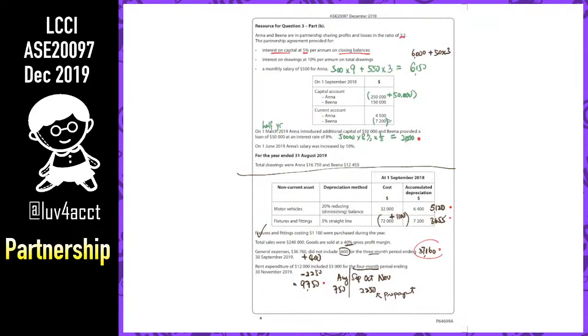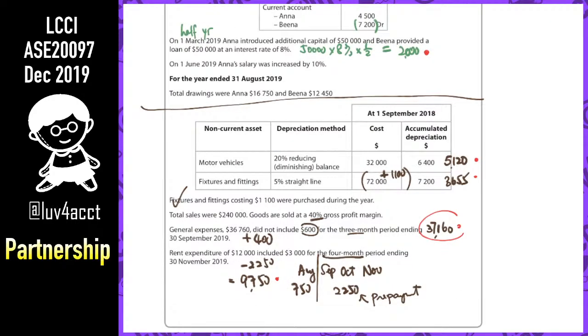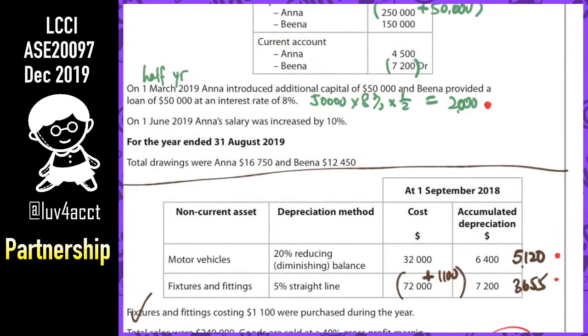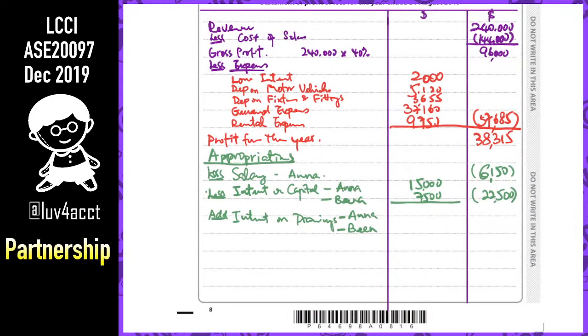Interest on drawings is 10% on total drawings. Where are the drawings? Here: 1,675 and 1,245. Added together we have 2,920 total.